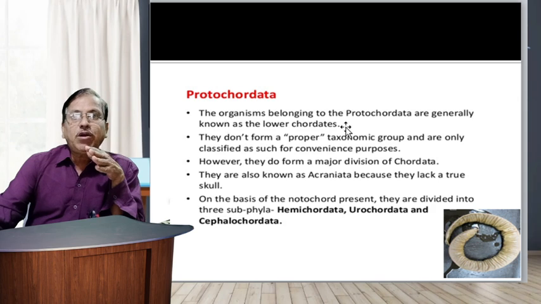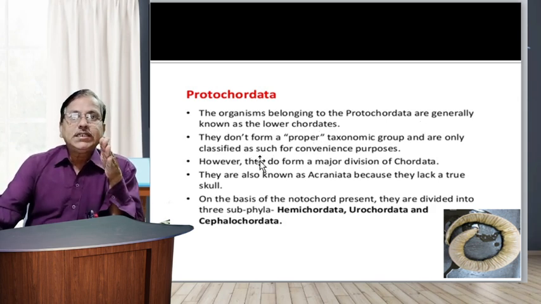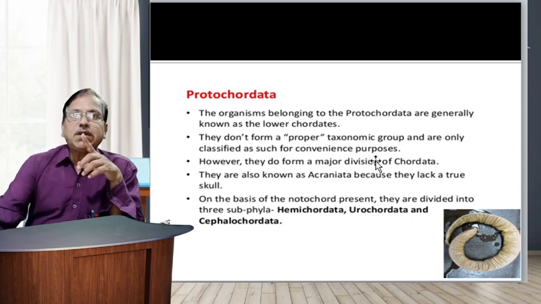The organisms belonging to the Protochordata are generally known as the lower chordates. They don't form a proper taxonomic group and are only classified as such for convenience. However, they do form a major division of Chordata.